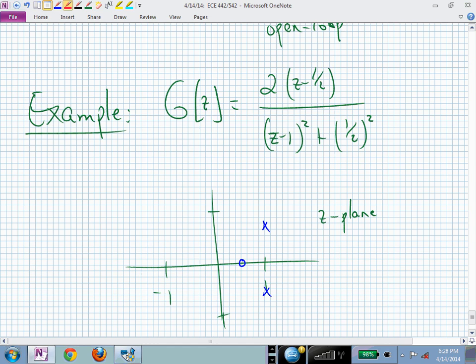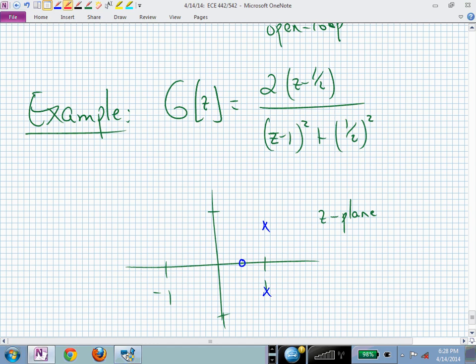Do you have a portion of the root locus to the right of that 0 at 1/2? If you ask for the phase at 1, what's the phase at 1? Don't worry about your off-axis poles and zeros. They cancel each other out, so you don't need to worry about them in figuring out, do I have an odd number, do I have an even number to the right? Don't worry about the ones that are off-axis.